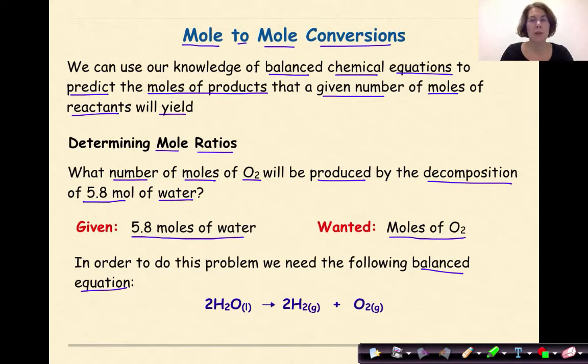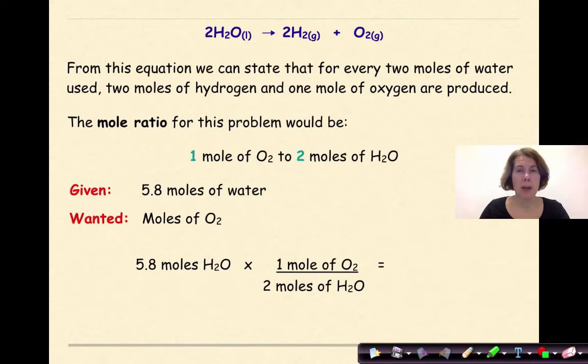If we look at this balanced equation, we can see that it's a decomposition reaction. So we have 2 moles of water that decomposes into 2 moles of hydrogen gas and 1 mole of oxygen gas, because there's an assumed 1 in front of the O2. Again, it all comes back to the balanced equation.